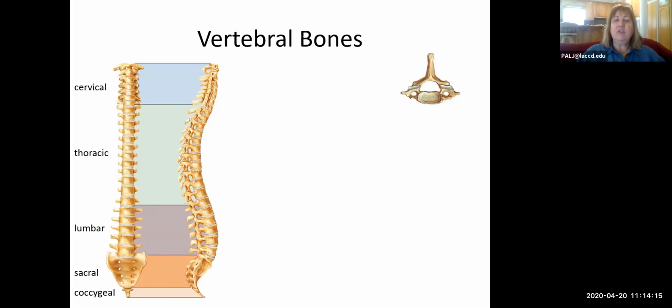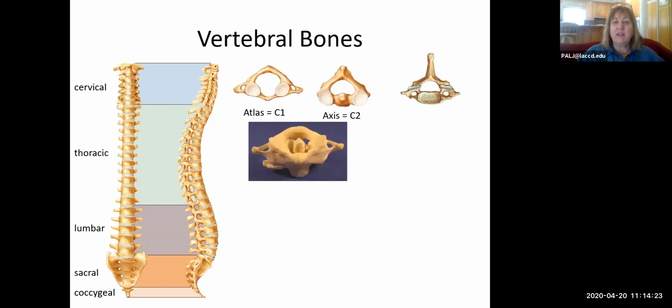You can recognize vertebrae by looking at them from above. The cervical vertebrae are the only ones that have 3 foramina in them, and there are 2 special ones. The atlas, which is the first cervical vertebra that the skull sits on, does not have a body.